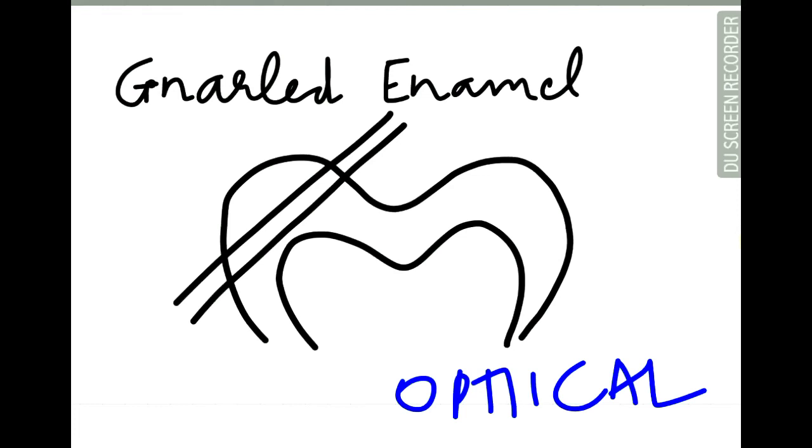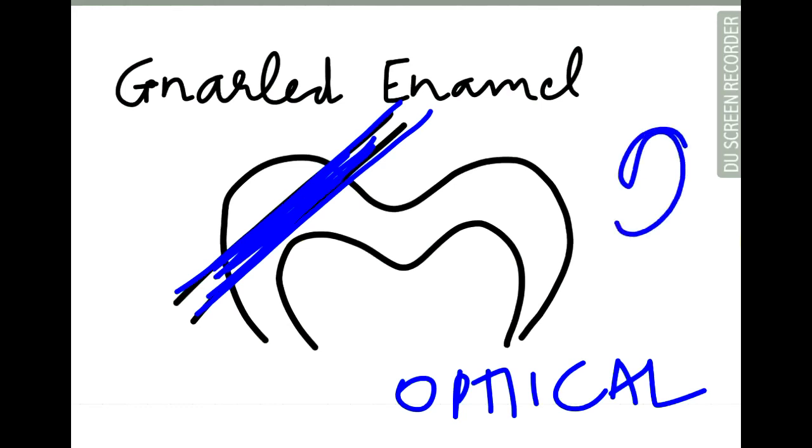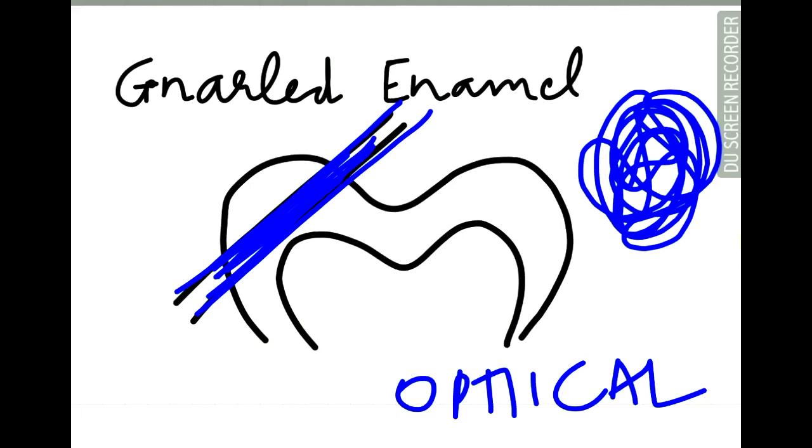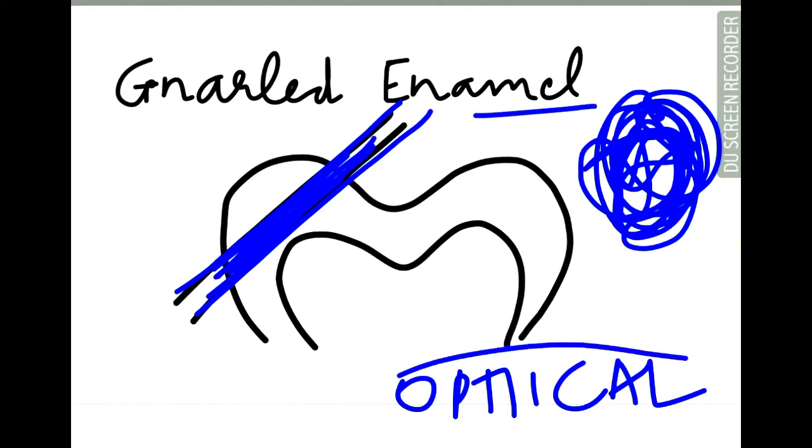If the enamel is cut in an oblique plane at the cuspal region near the dentine, and this section is viewed, the rods in this section seem to be more intermingled between each other, giving it an irregular appearance. This irregular looking enamel is called the gnarled enamel, and it is an optical appearance.